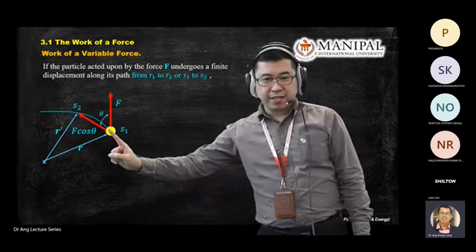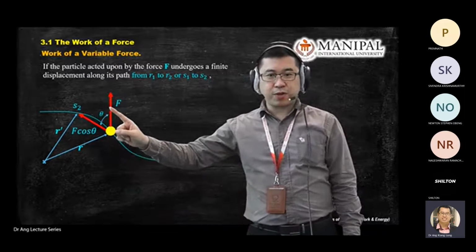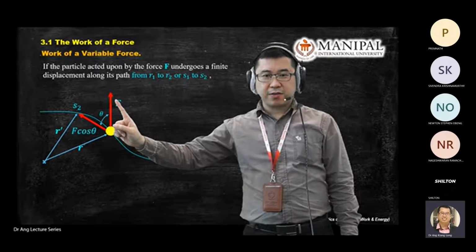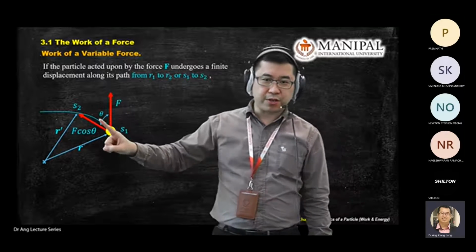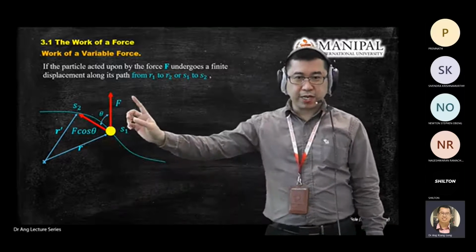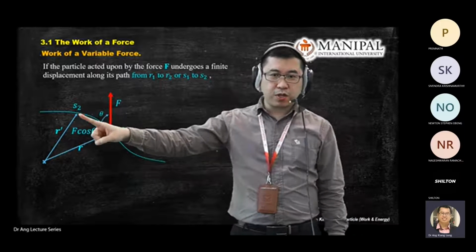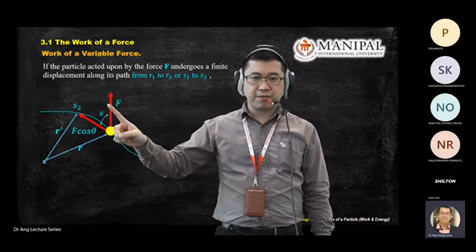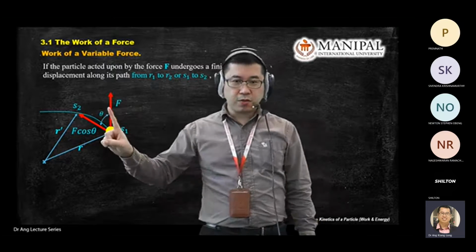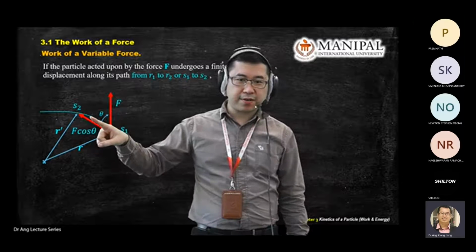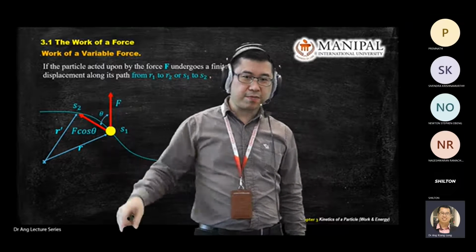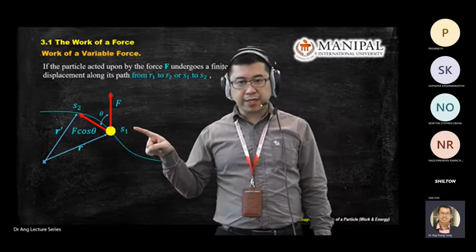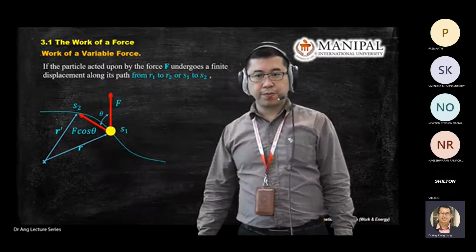Then this component will not generate any work, because it is projected to align with your displacement. When you project it, this one will dismiss from the diagram. So the one that creates work is the one aligned to the displacement. Here we just add two more parameters, S1 and S2.